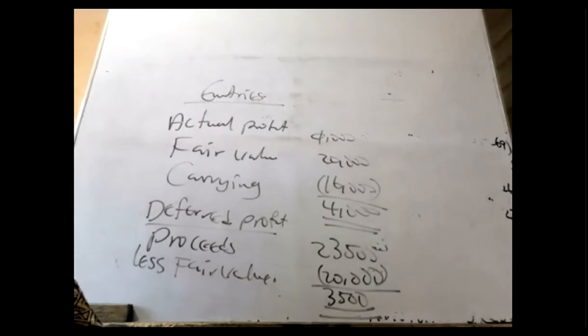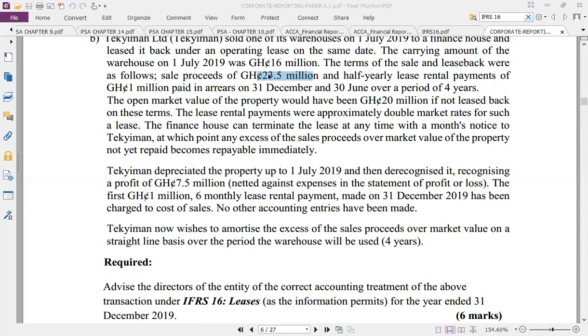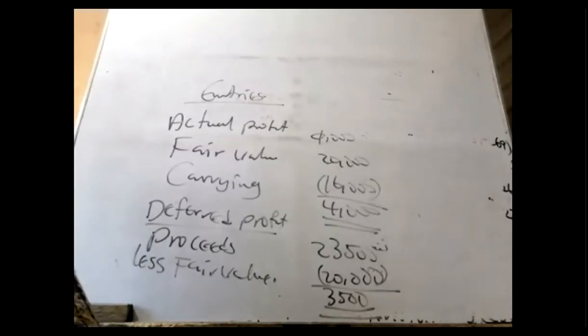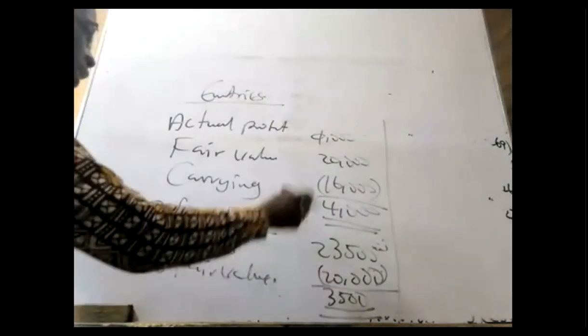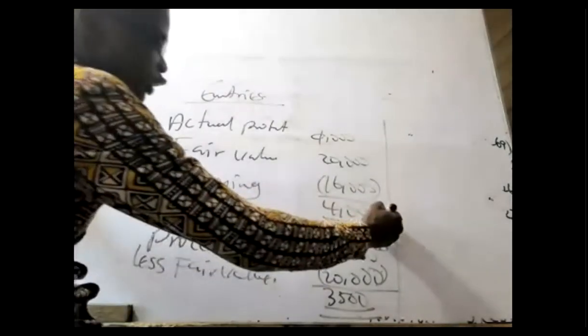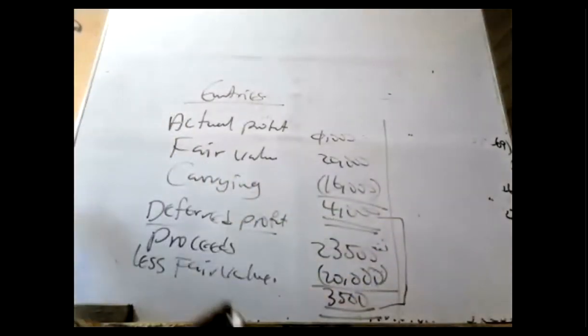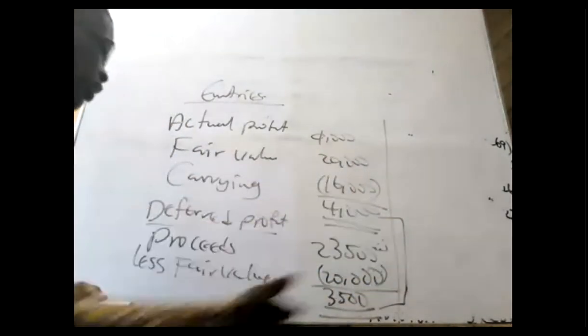They have calculated the profit using the 16 versus the 23.5. They calculated the profit as the proceeds less the carrying amount, which is profit of 7,500. So they've recorded profit of 7,500.